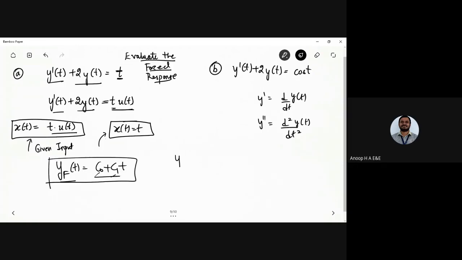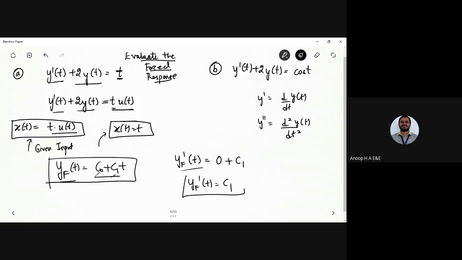So I differentiate it. yf dash of t, differentiating C0 gives 0 plus C1, so yf dash of t is equal to C1.